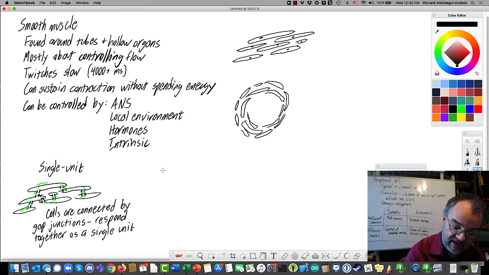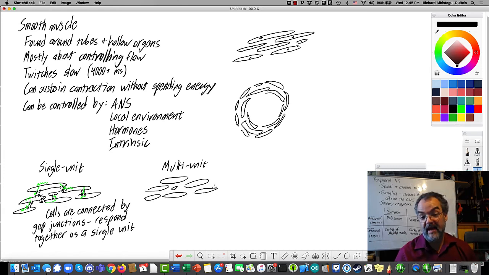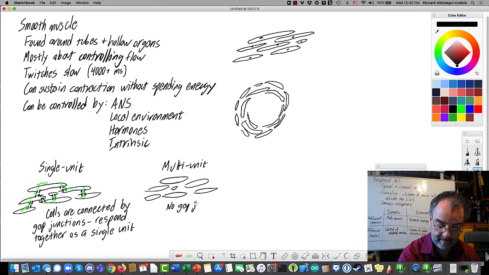Now compare that to multi-unit smooth muscle, where you can have a similar arrangement of cells, but there are no gap junctions, which means each cell responds individually.